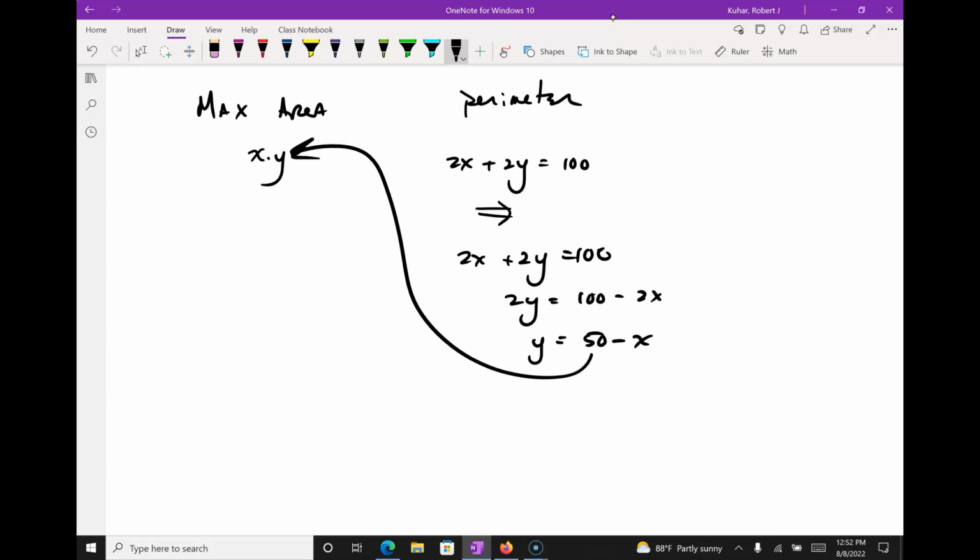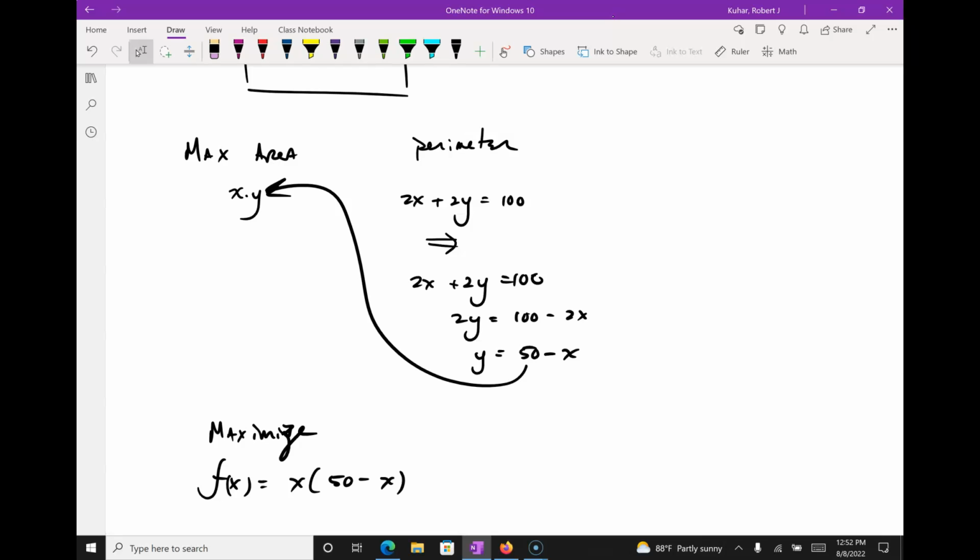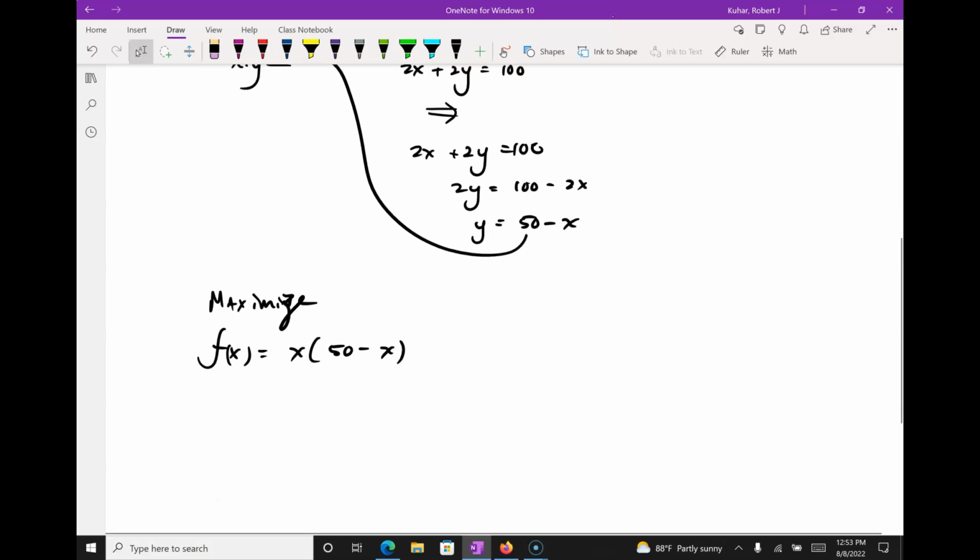So now I have maximize f of x equals x times 50 minus x. So I'm going to come up with an expression in two variables, an equation in two variables, solve for one of the variables in the equation, substitute it into the expression, and that becomes a function of one variable that I'm trying to maximize or minimize.